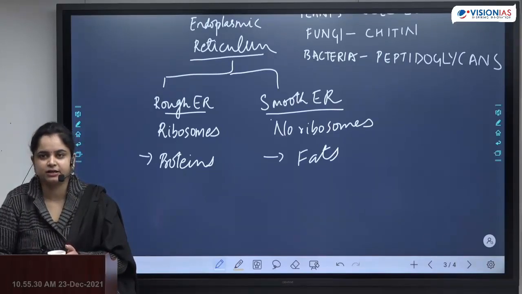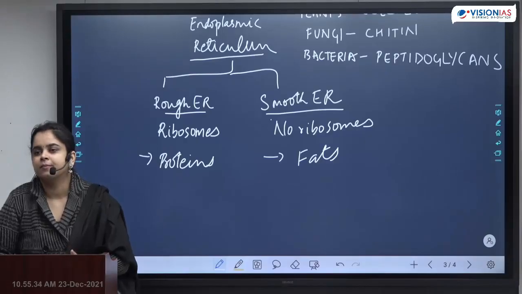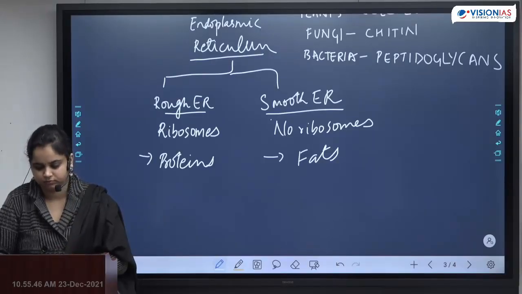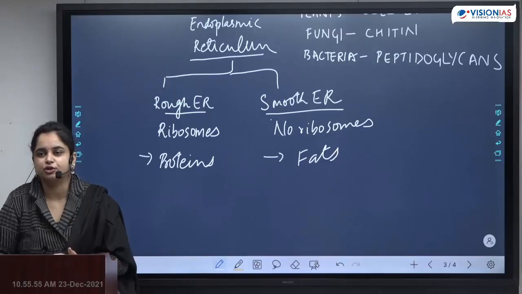Smooth endoplasmic reticulum. They do not contain ribosomes and are involved in production of fats.